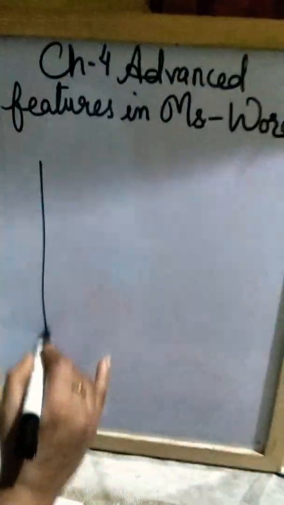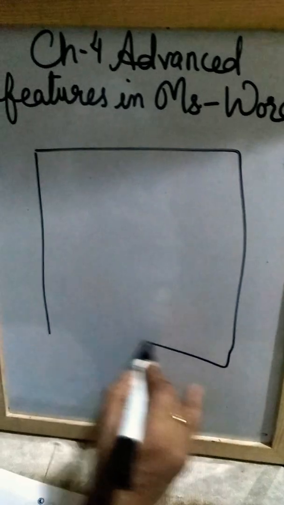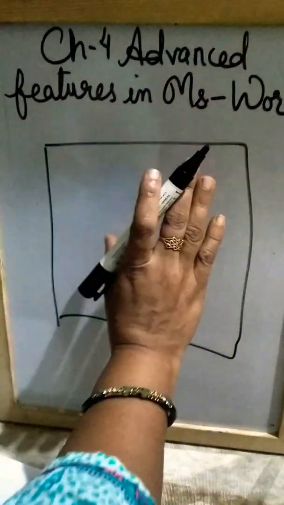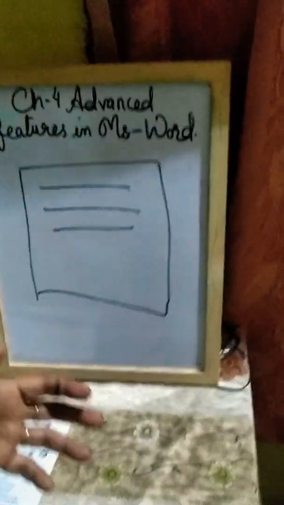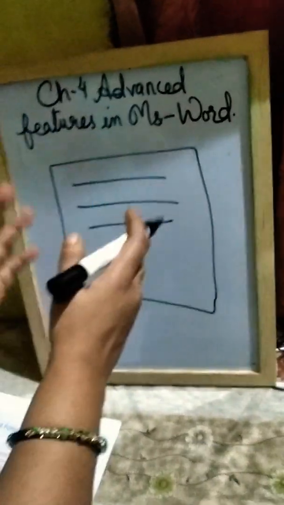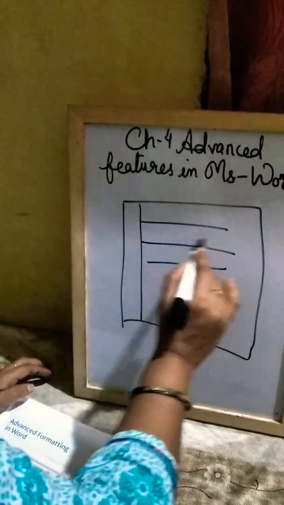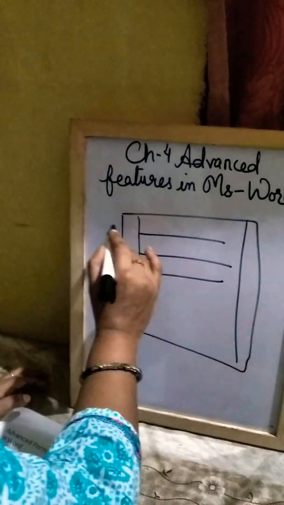What is the margin? See children, if this is your document, here you are writing the text. In your notebook also you need a margin. The side margin you give, the top margin you give, and the bottom margin you give.